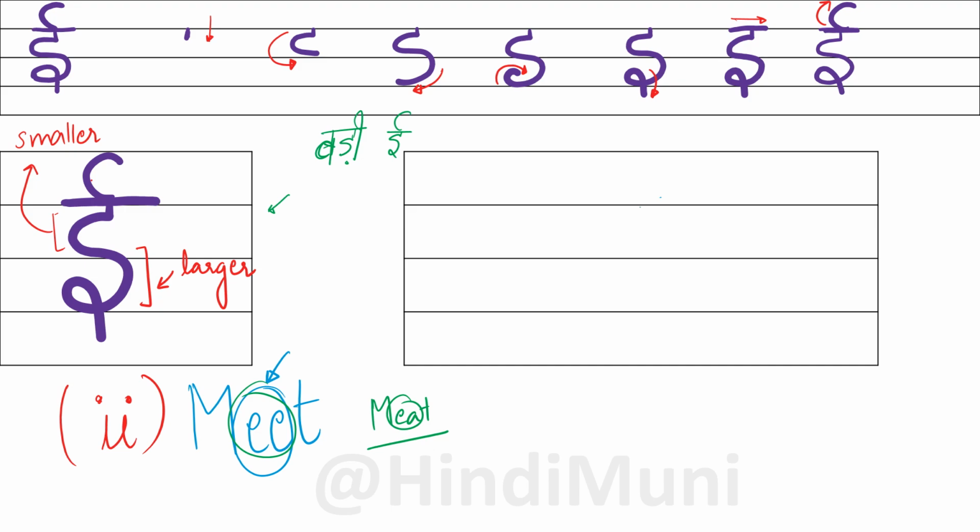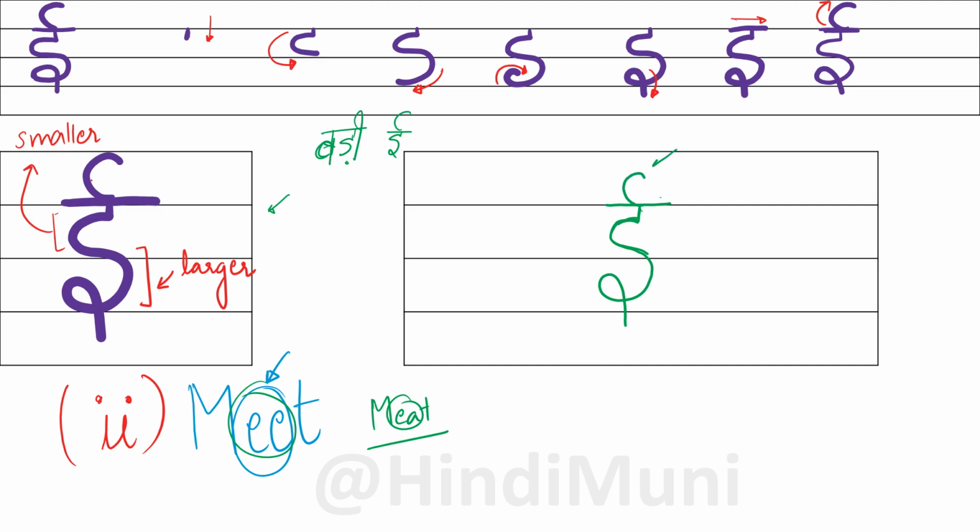And the way to write it is pretty similar to how we write the previous E. For writing this, we make a vertical line, then a horizontal line, a smaller curve. Then we go with the larger curve. Then we make a loop. Then we come down, put a horizontal line, and then we have a small semicircle on top.